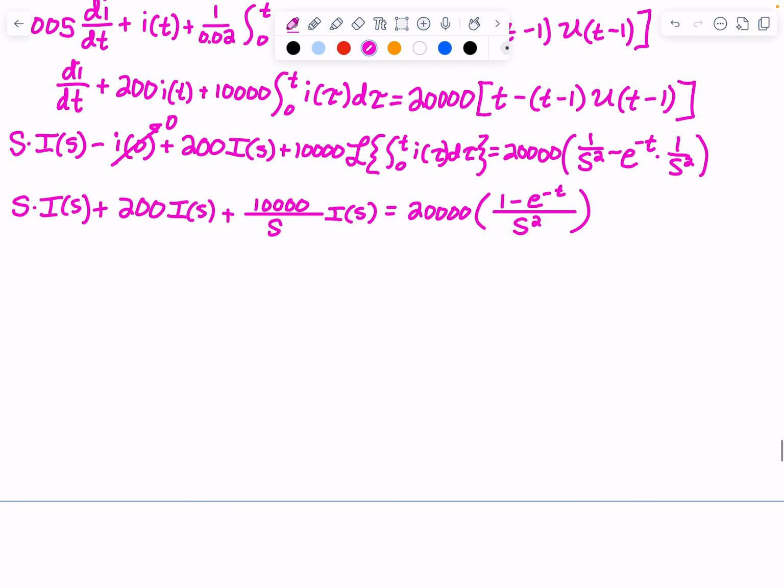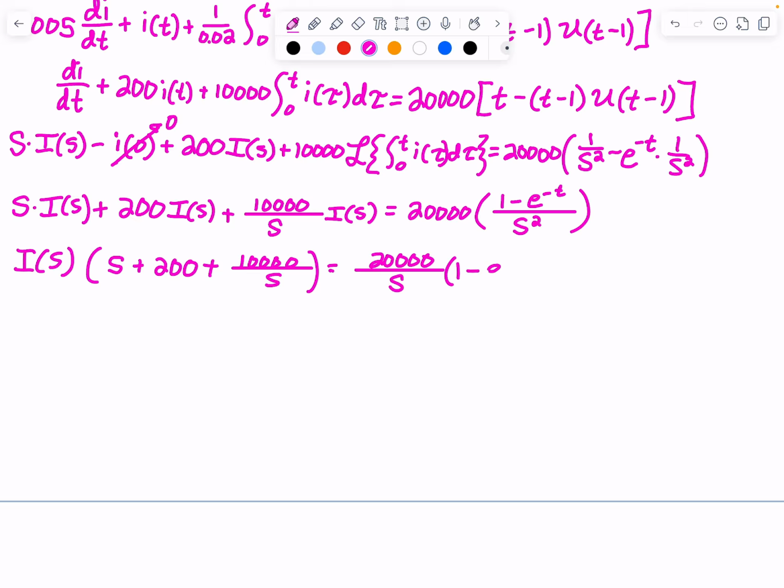Okay, I have I of s on everything in the left. That's kind of nice. So I'm going to get s plus 200 plus 10,000 over s equals, and then nothing changes over here. Maybe I'll go ahead and put the s over the 20,000. Okay, I think we should get a common fraction on the left if we can.